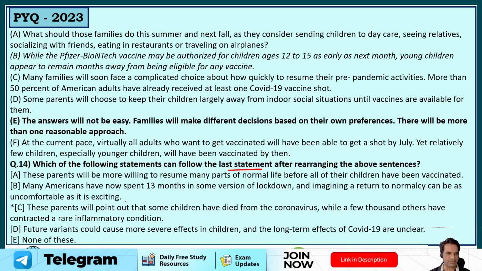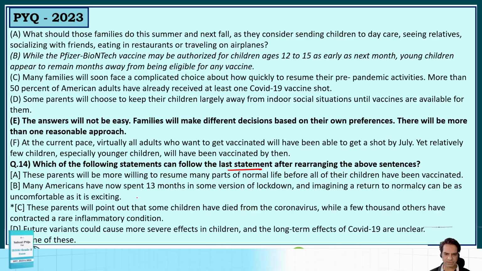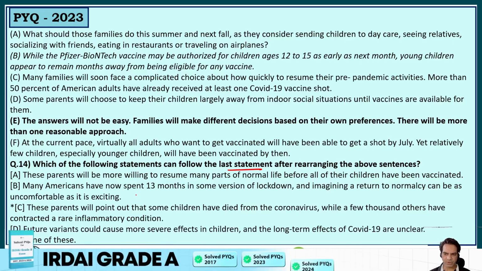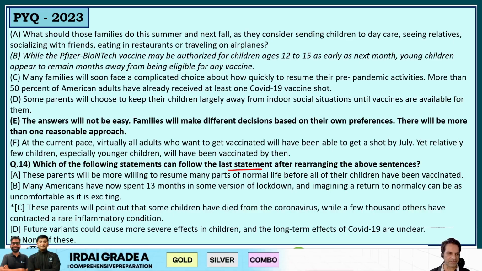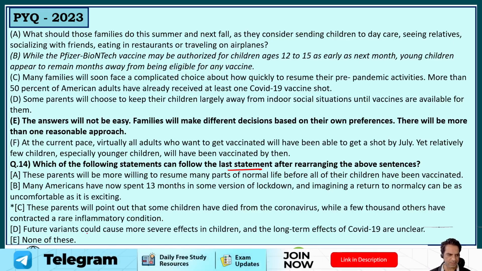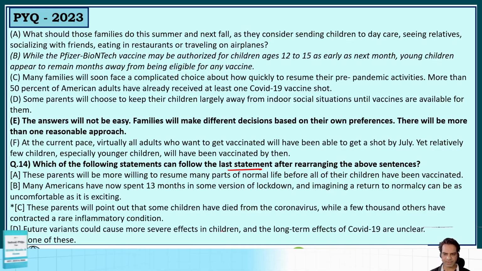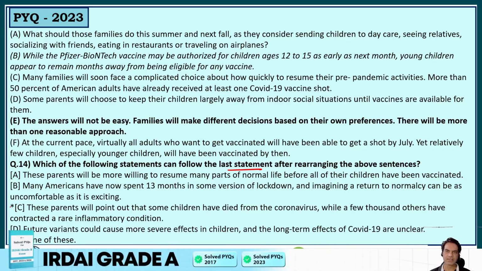No. Many Americans have now spent 13 months in some version of lockdown, and imagining a return to normalcy can be as uncomfortable as it is exciting. No. The parents will point out that some children have died from coronavirus while a few thousand others have contracted a rare inflammatory condition. Yes. Future variants could cause more severe effects in children, and the long-term effects of COVID-19 are unclear. No, but it's worrying. So option C is your correct answer, guys.